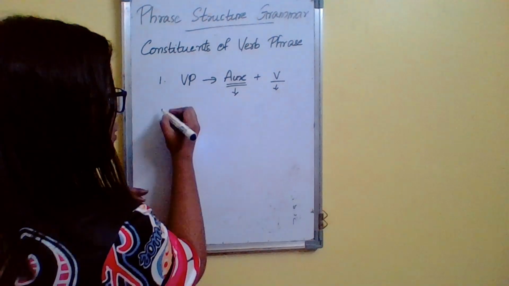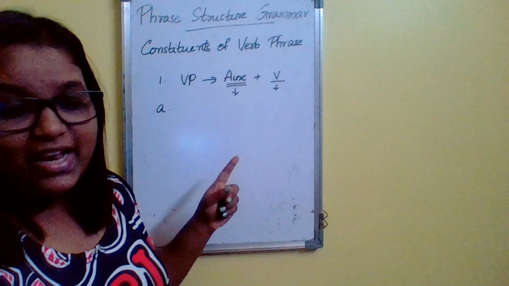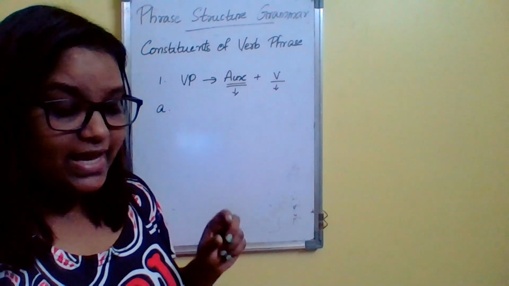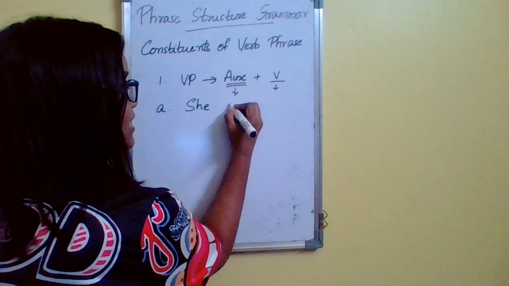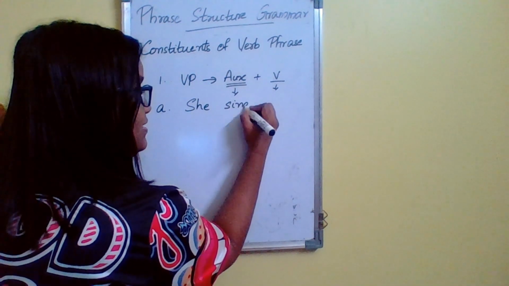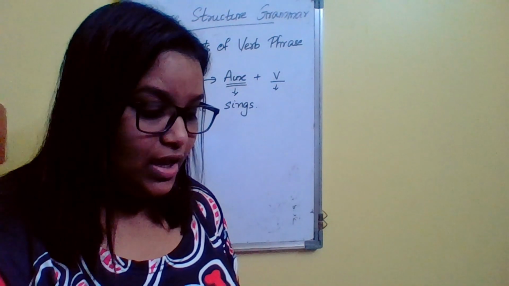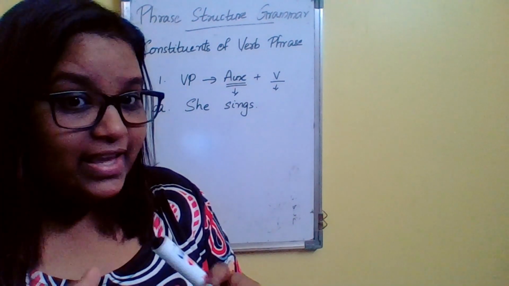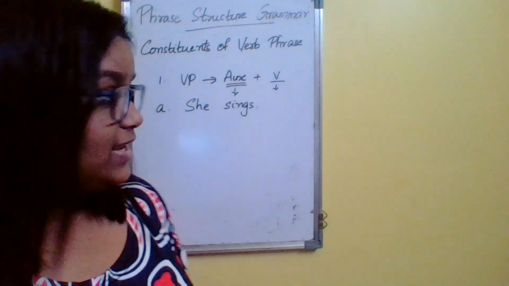Let us first look at, let me just put the first example as A. Let us look at a simple sentence. She sings. She sings. So let us do a tree diagram of this particular sentence. Okay.